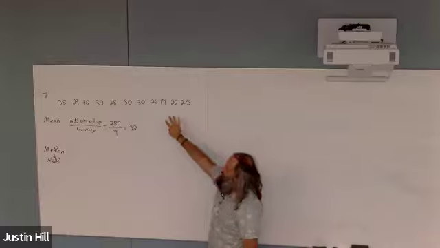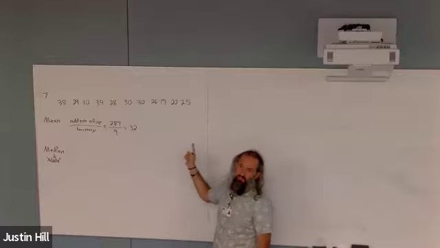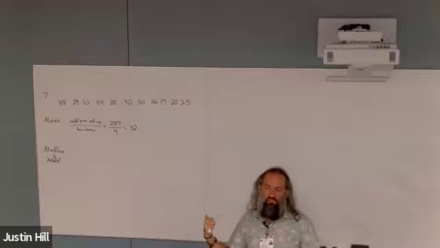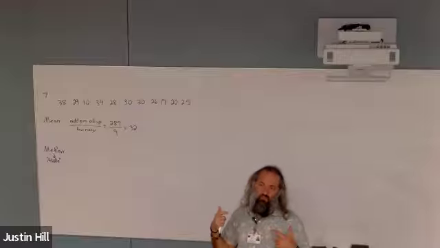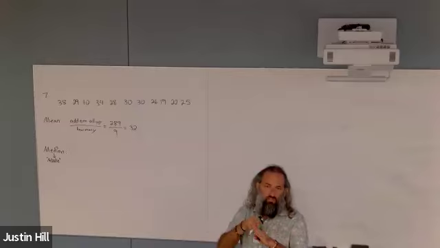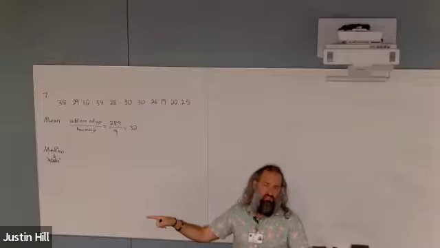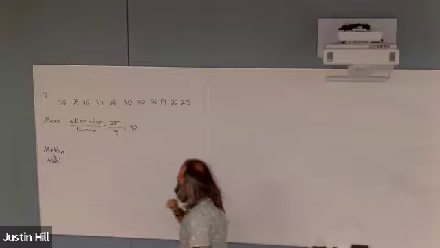So I'm going to reorganize this data, line it up from least to greatest, and physically, visually look for the middle. The interesting thing about the median is that it doesn't have a nice formula to calculate it. In some sense it's a visual procedure. Your goal is to find the middle of the data. To do that, you're going to need to list it from least to greatest, and then physically, visually find that middle.